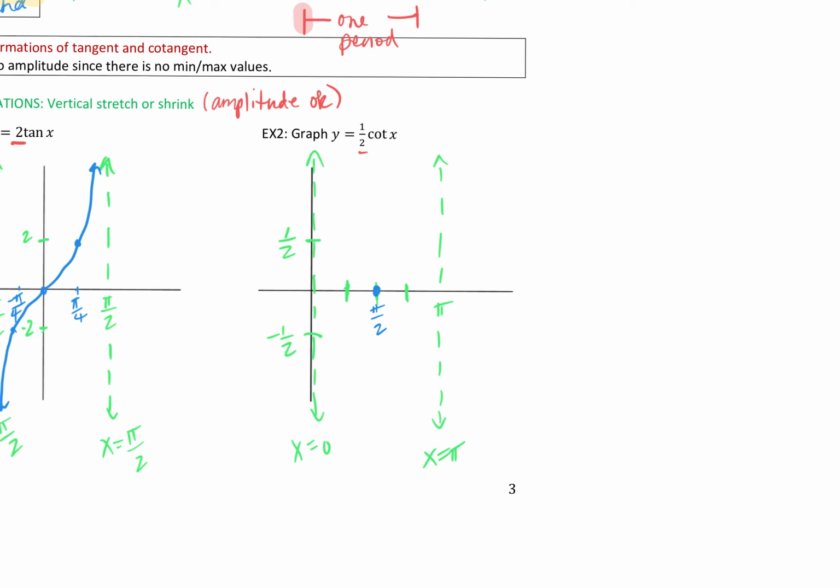Instead of 1 and negative 1, our new vertical shrink or amplitude is half, which means, and again, we're starting high to low. So at pi over 4, we're at half. At 3 pi over 4, we're at negative half.